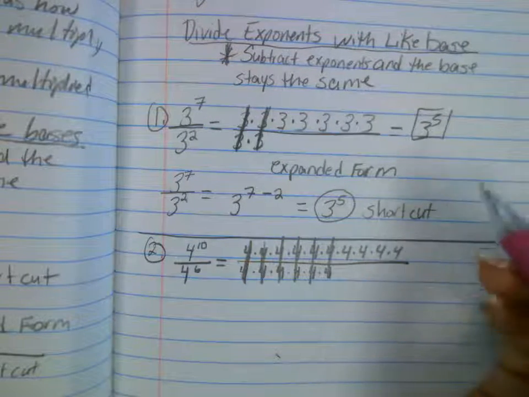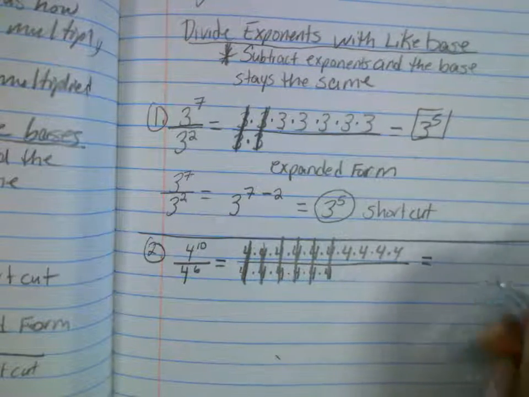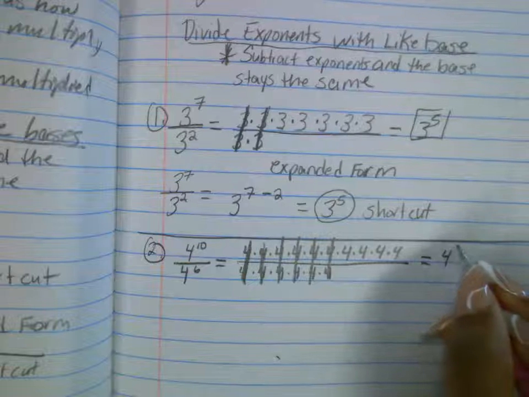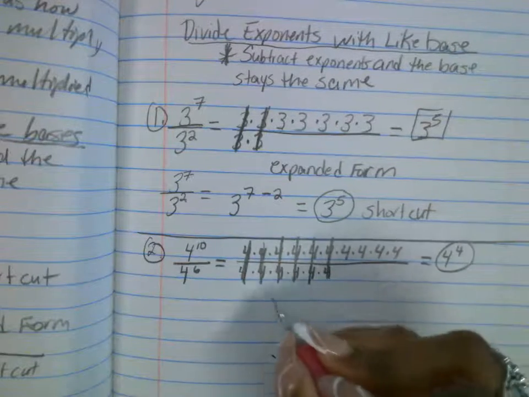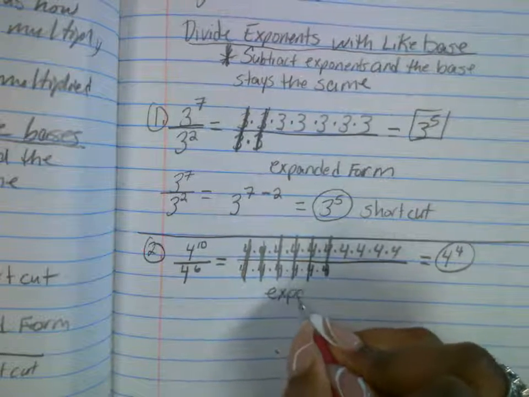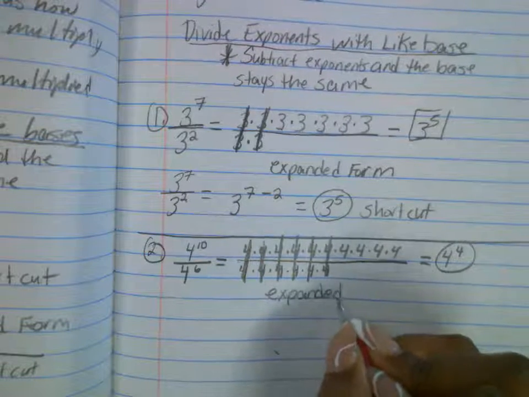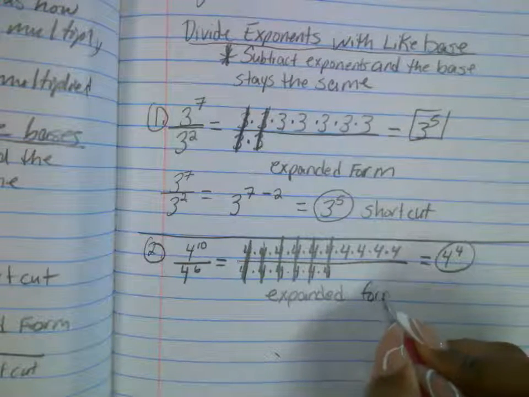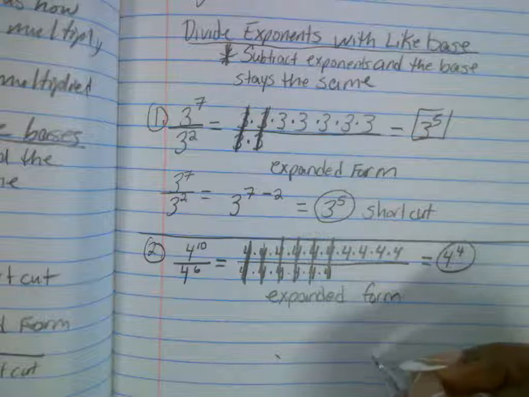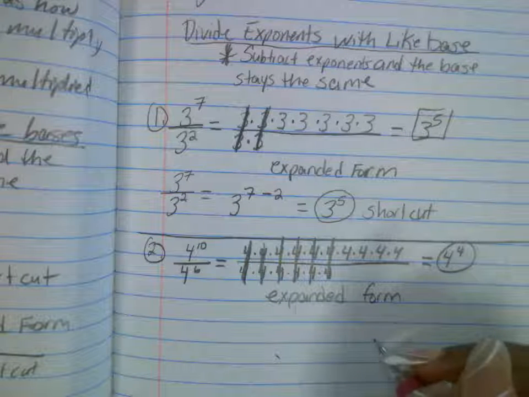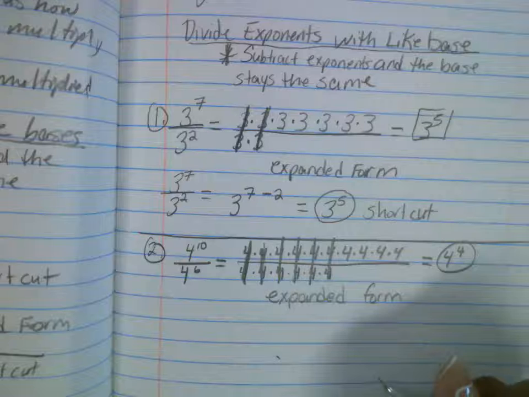Okay? They cancel out, right? So how many 4s do you have left? 4. So that's 4 to the what power? 4. This is the expanded form. And sometimes they'll say this is the exponent or exponential form because they expanded it by the exponents.